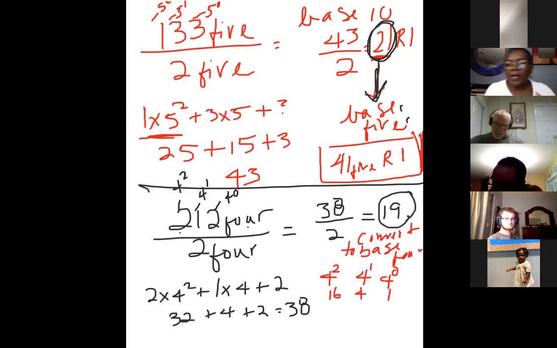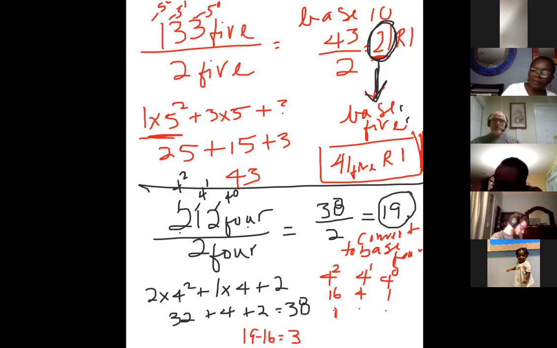The reason I didn't do it like the previous two is because if I divide 4 into 19, it would give me 4, and I can't have 4 in the answer. That's why I'm writing out the place values. Now we're going to create 19 using 16, 4, and 1. We need 1 sixteen. If you've got 19, you subtract 16 from it, which leaves you with 3.